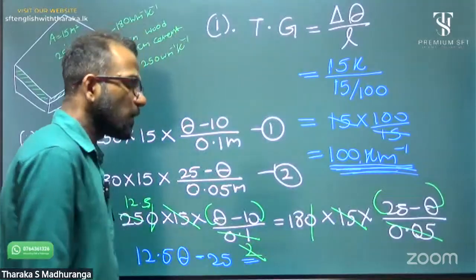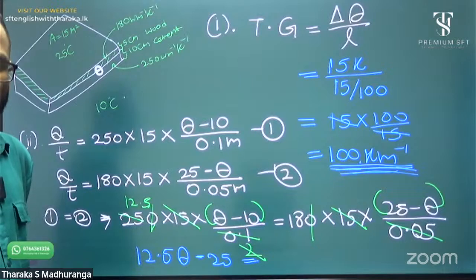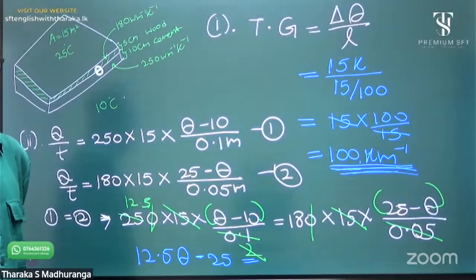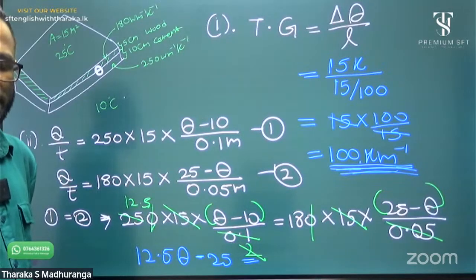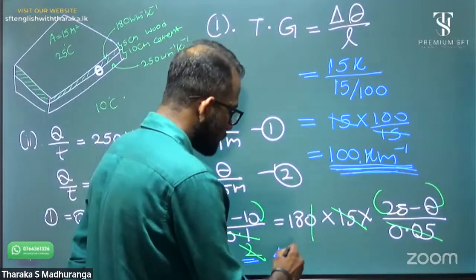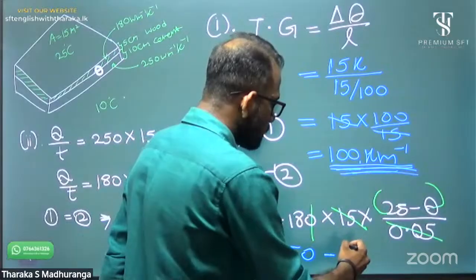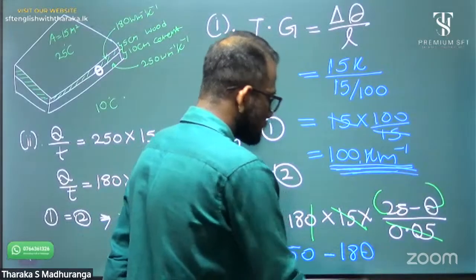What is the answer? 18 into 25 is 450. Minus 18 into theta, 18 theta.